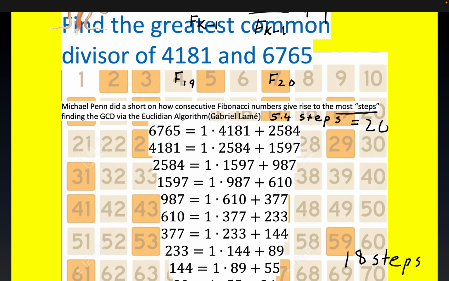And that is consistent with what happened here, because I counted 18 steps. And again, our smallest number has 4 digits. Our largest number has 4 digits. But his result, if I remember it correctly, says to take the smallest number, count its digits, multiply that by 5, and that will be an upper bound for the number of steps.